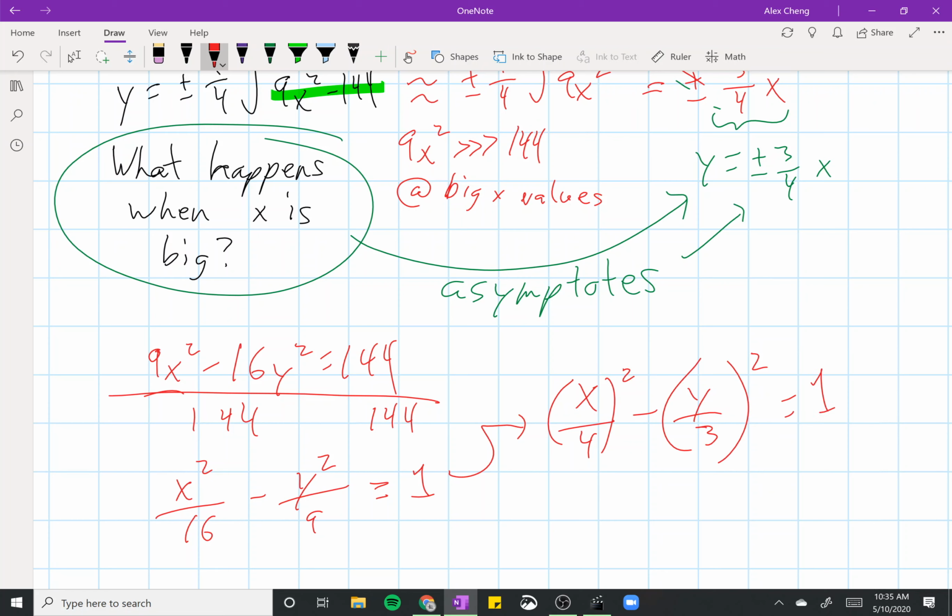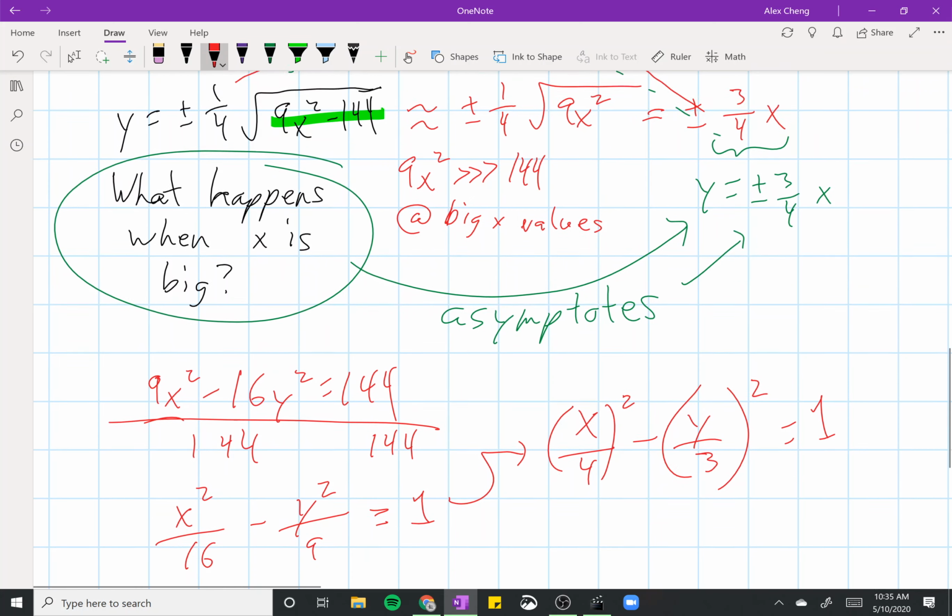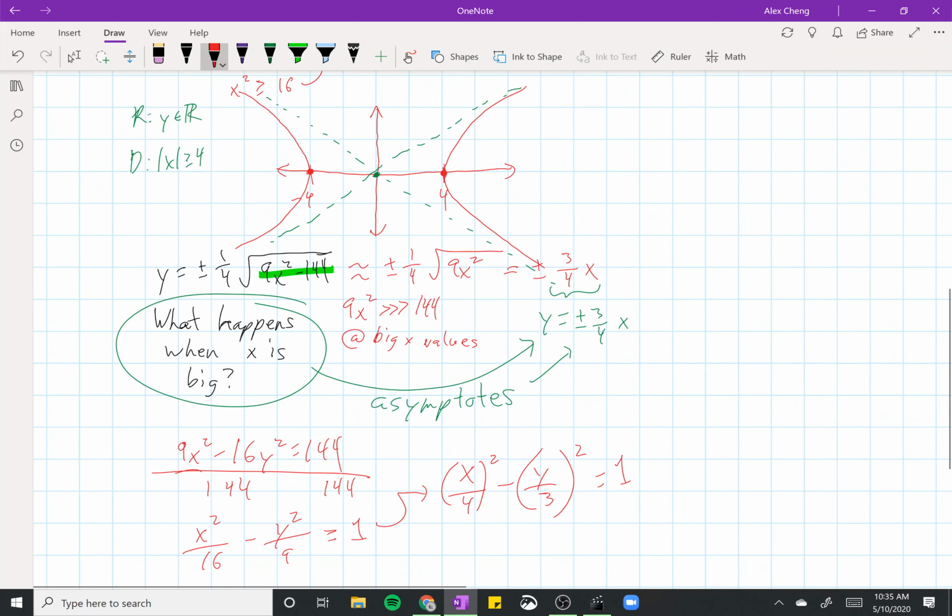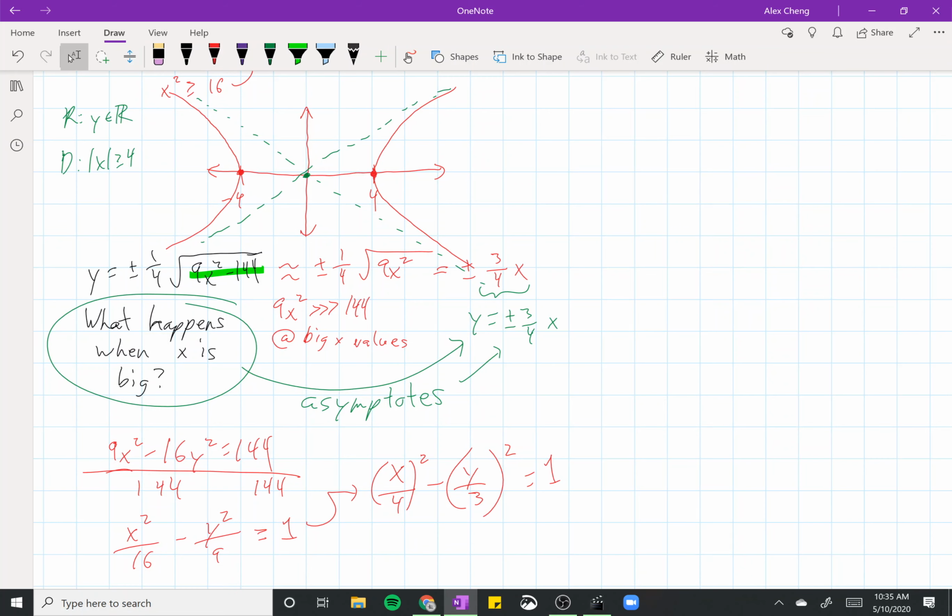And just like in the ellipse video, we can see these features here. I'll zoom out a little bit so we can all see. Where does this 4 come in? This 4 shows up right here in our distance from the center, and it also shows up in our slope.